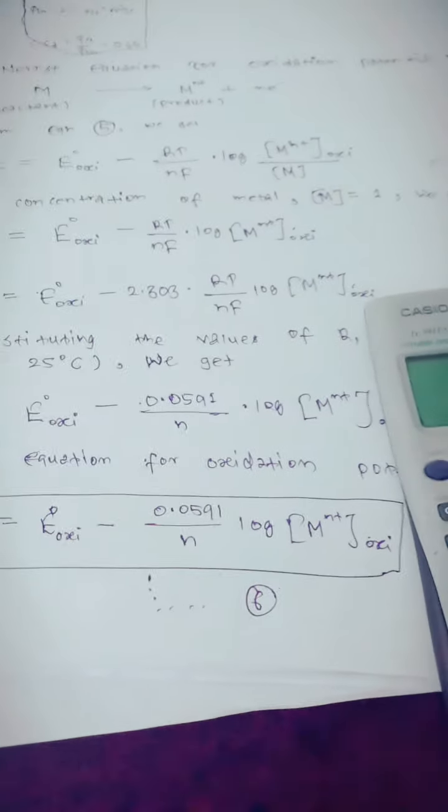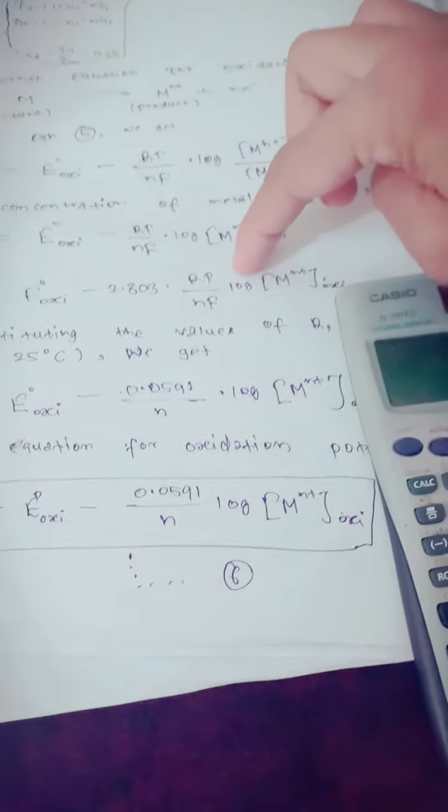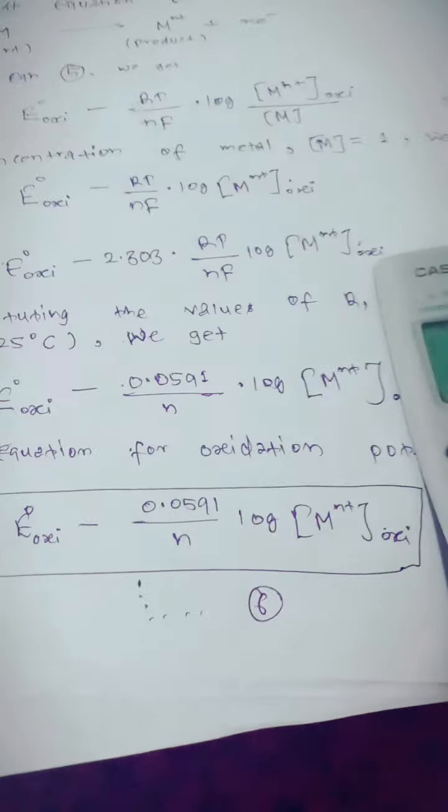Similarly, let me show you how this 2.303 came. In the calculator, we have constant values: F is equal to 96,500, and R and T are known.